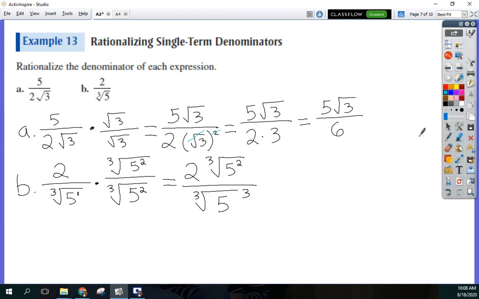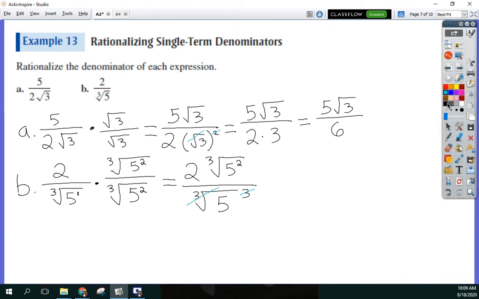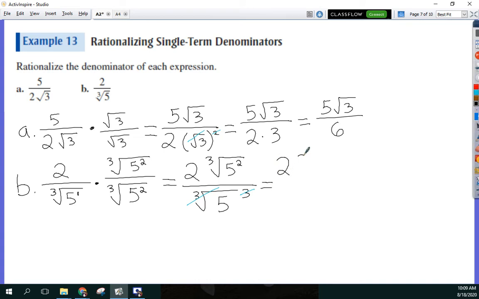And the reason we want that is because now that my exponent and my index are the same, they reduce one another. So we end up with 2 times the third root of, and we're going to go ahead and simplify that. 5 squared is going to be 25 divided by 5.